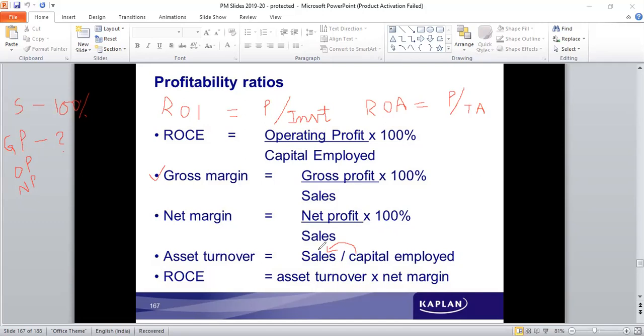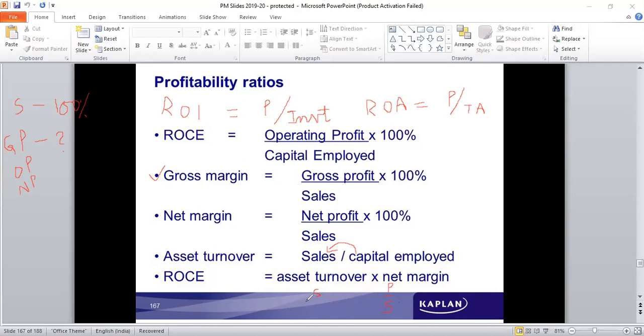Okay. ROCE is split into two different aspects. What is ROCE? The formula of ROCE is operating profit by capital employed or total assets. This is elaborated as asset turnover into net profit margin. Net profit margin is profit divided by sales. Asset turnover is sales divided by total assets.